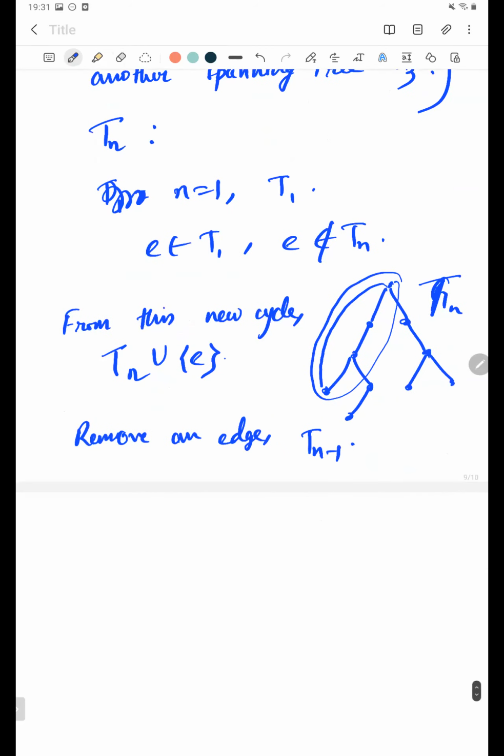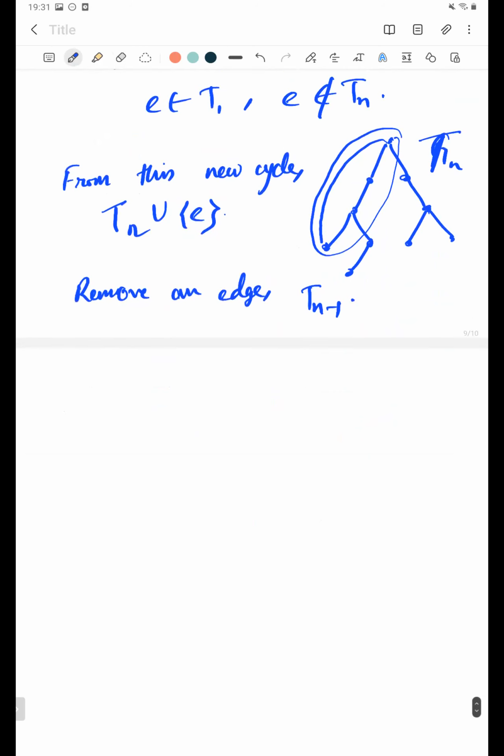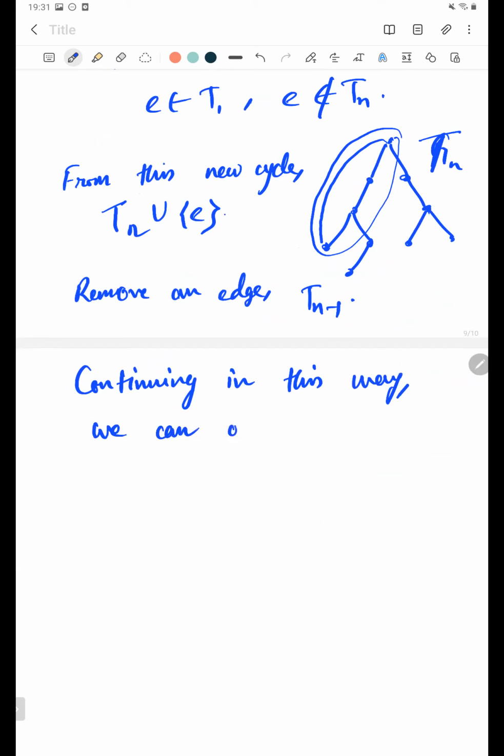In this way, continuing in this way, we can obtain T2.